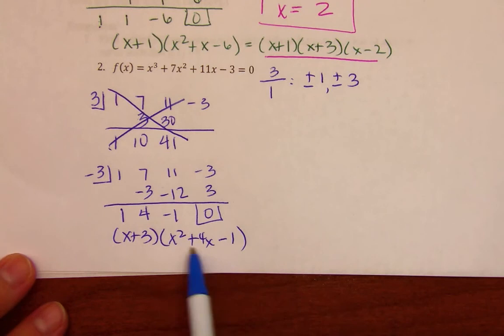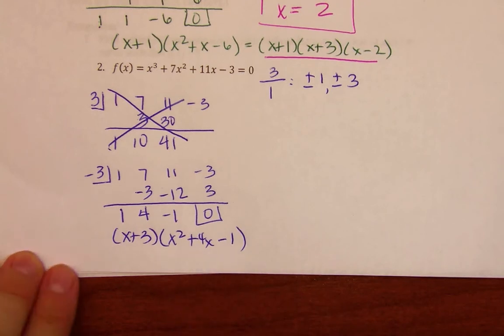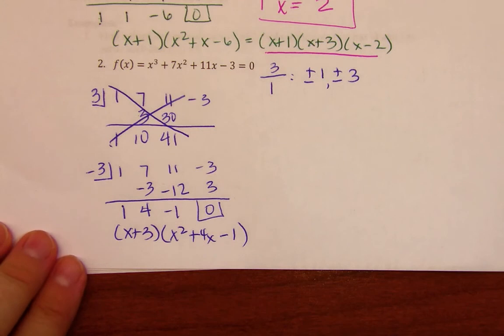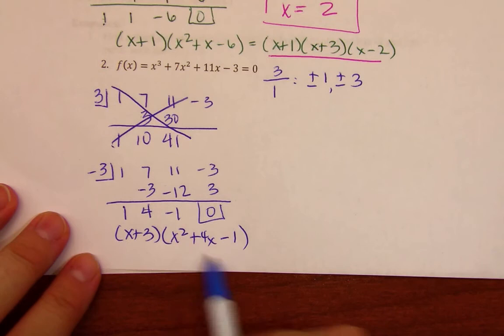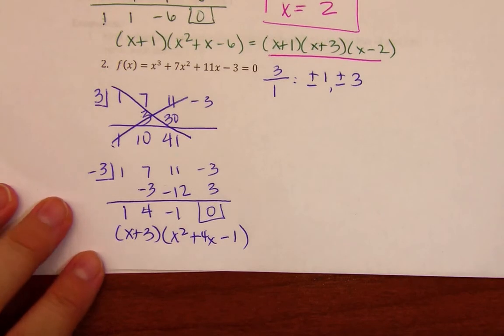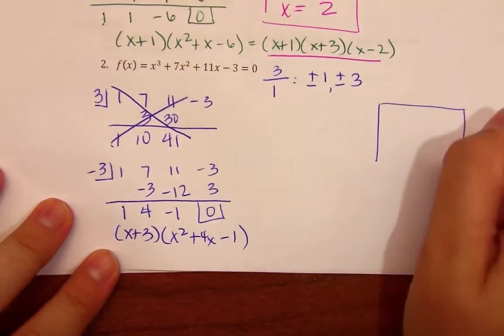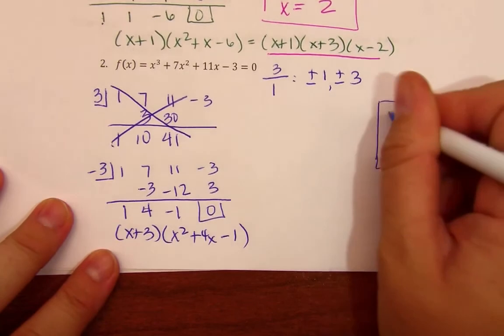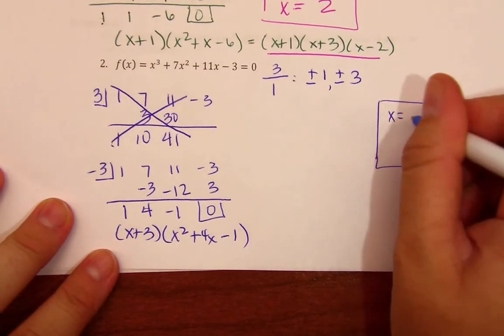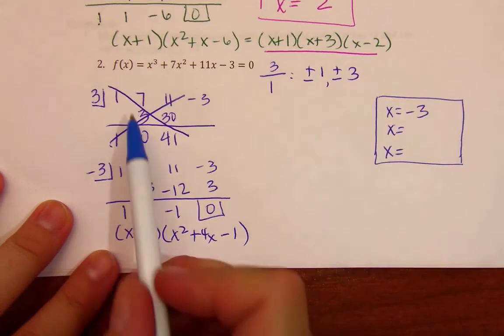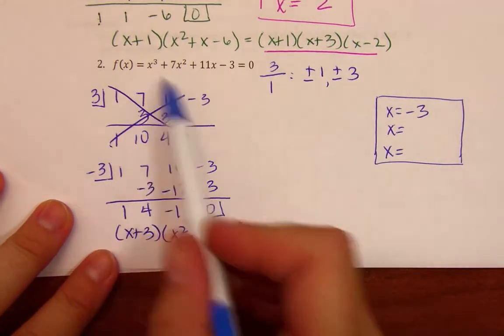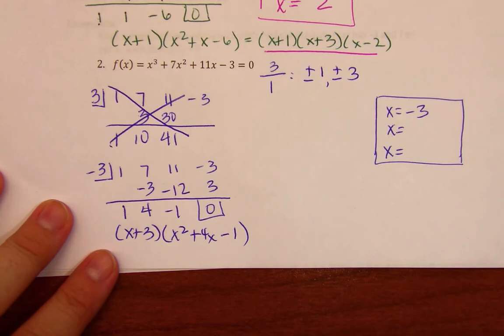And I know that I can't factor this using the x method. It's not going to work. So what I can do is use the quadratic formula. We know another way for solving something like this if factoring doesn't work. So I'm just going to start a kind of answer box over here. I have x equals negative 3, and I know I should have 2 more because my degree is 3, so that tells me that I need to have 3 answers here.